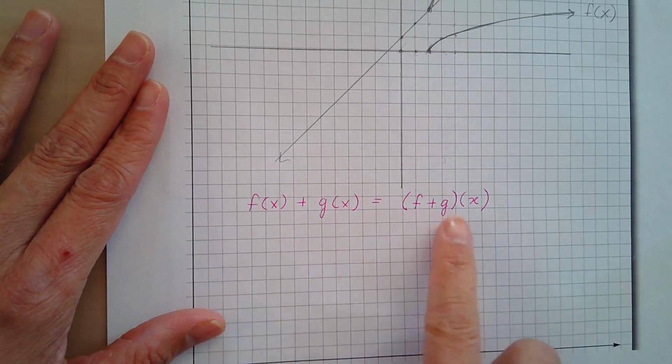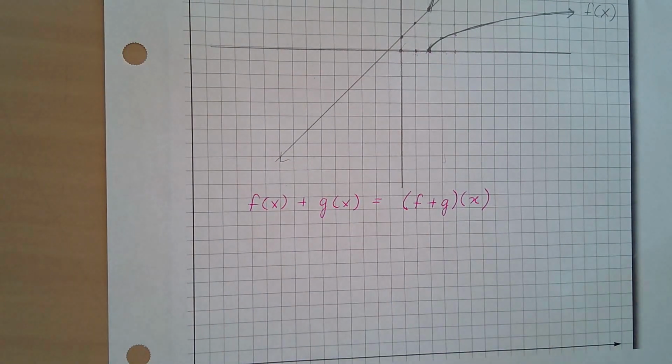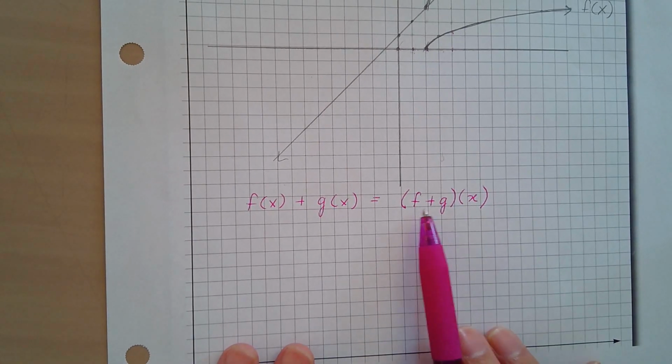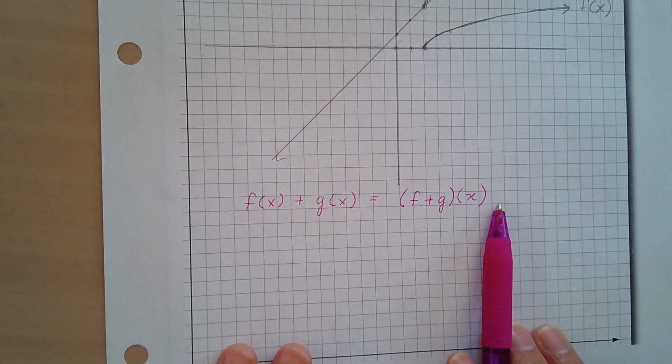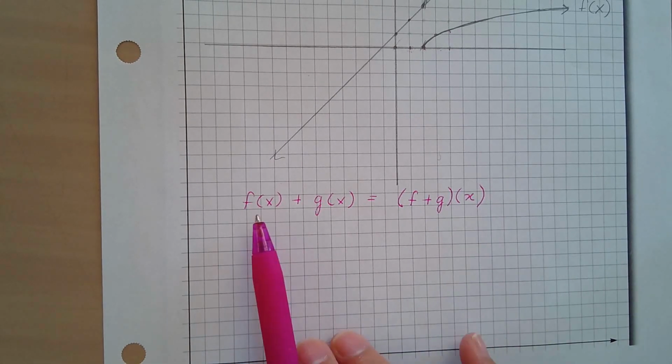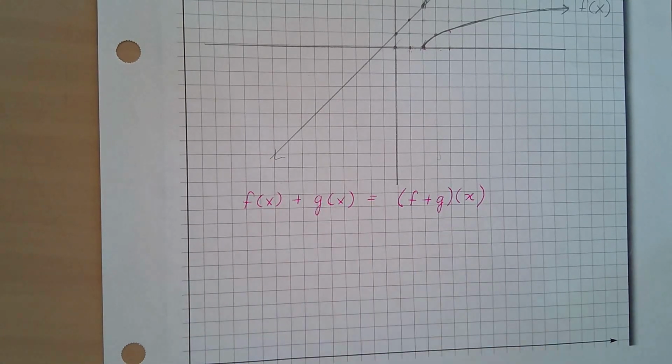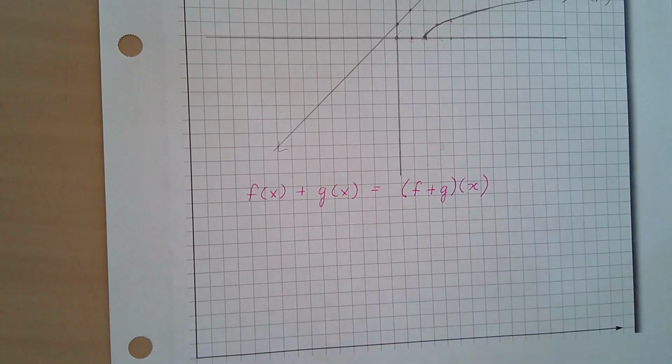So I want you to be familiar with both ways of writing things. So you can write it as (f plus g) of x, which is the same thing as f of x plus g of x. Good? Because you might see an assignment that's like, oh, we didn't learn how to do this. Like, it's just a different way of writing. Okay, very nice.